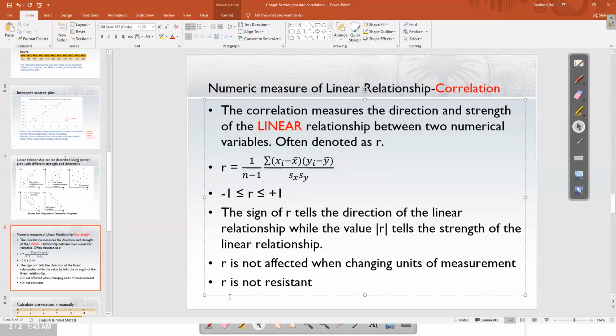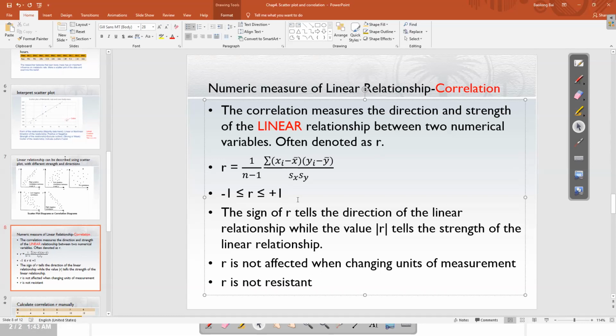There are a few general rules about correlation, just common rules. You need to realize them if you want to study correlation. First, correlation is always going to be a number between -1 and +1. You can never see a correlation beyond that range. That's not possible.